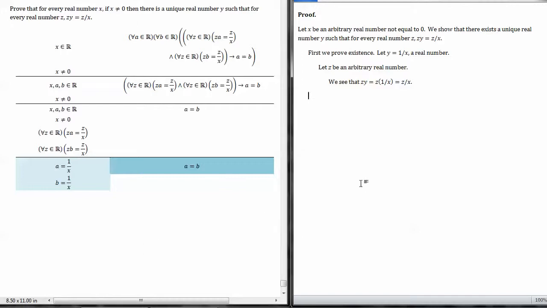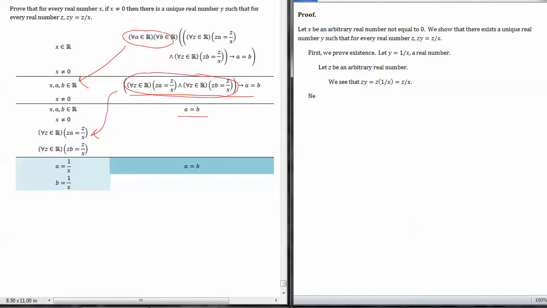So let's try to write that down. We said let a and b be arbitrary real numbers, leaving us with this conditional goal, and then we are going to take these two statements as givens and have our goal be a equals b.